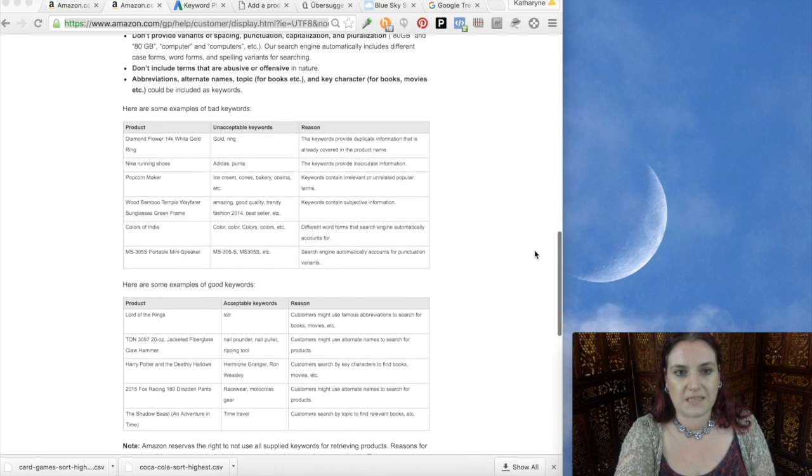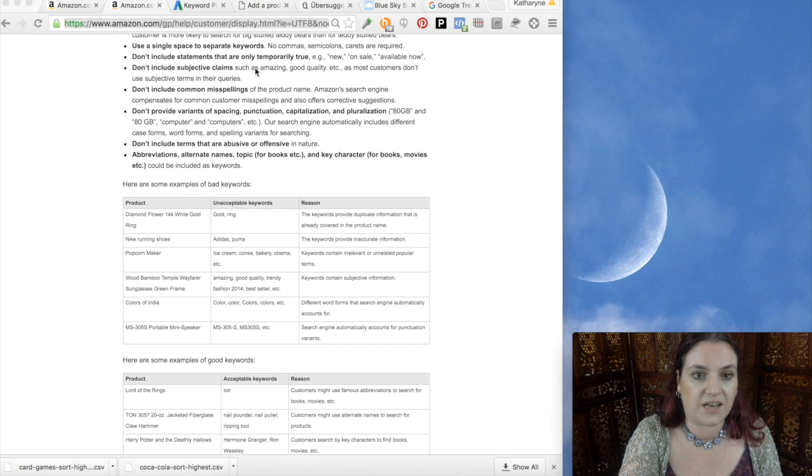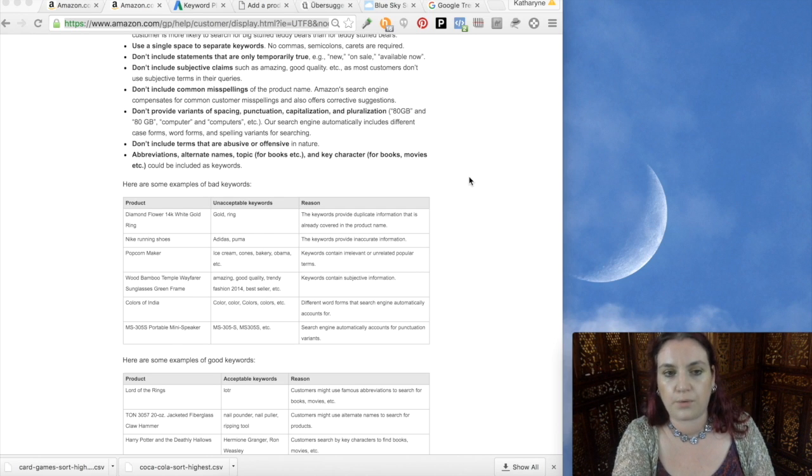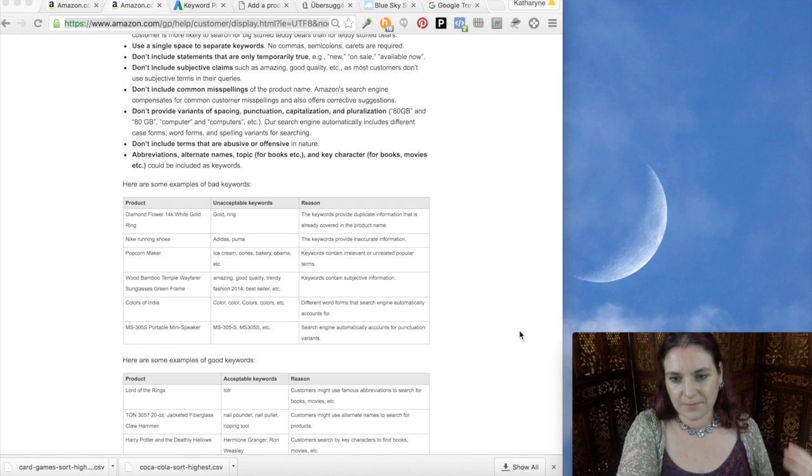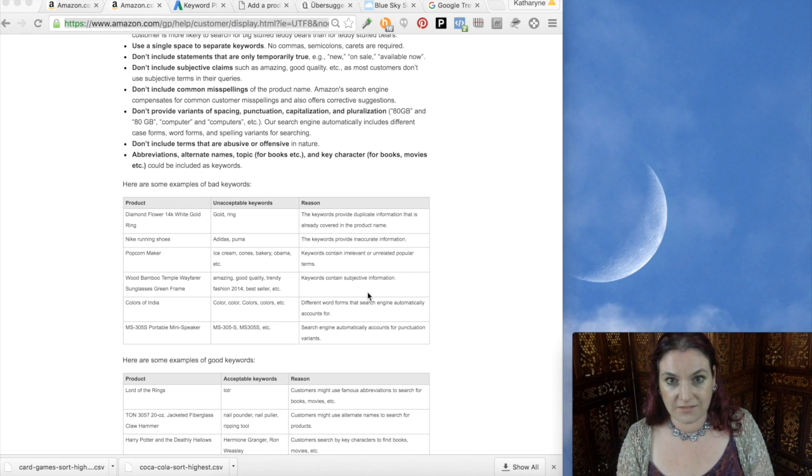They just say that basically avoid subjective claims, as most customers don't use subjective terms in their queries. So this isn't a policy violation, this is something they're just saying isn't very effective. I would kind of argue with this and say that in some cases I have found that can be effective, but the official line is stay away from anything subjective.